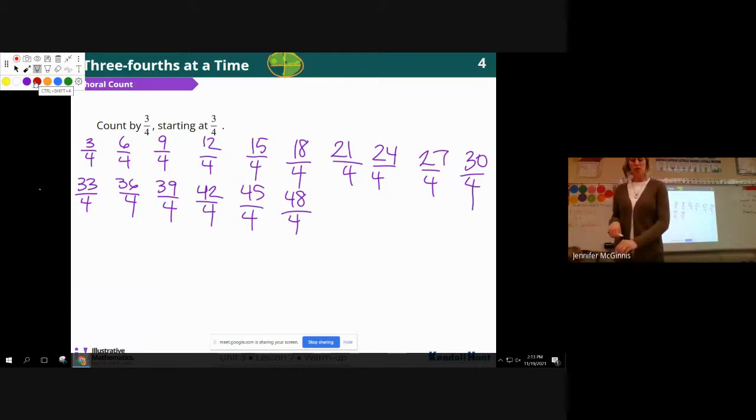Where is the first time that we find a fraction in our list that is equivalent to a whole number of some kind? Think about what I'm saying.